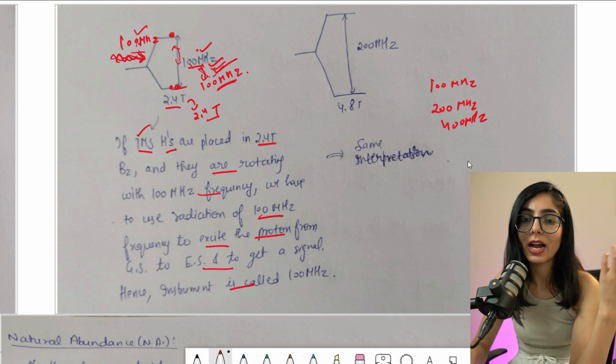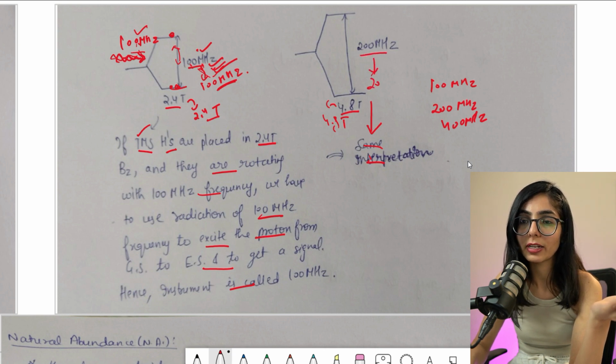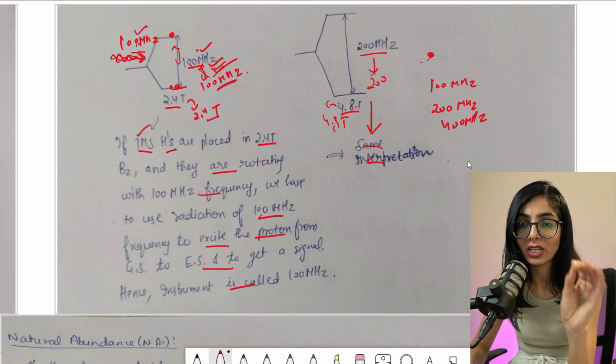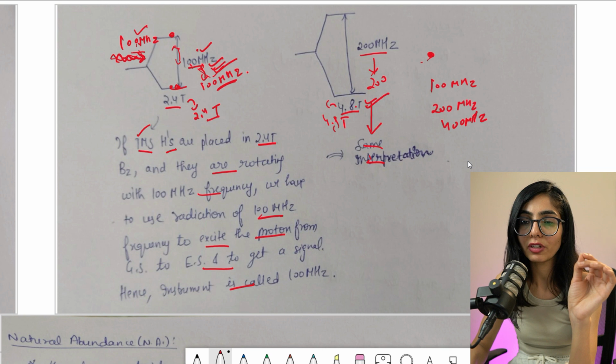Suppose TMS hydrogens are placed in this 4.8 Tesla magnetic field and they are rotating with this 200 megahertz frequency, like this they are rotating.